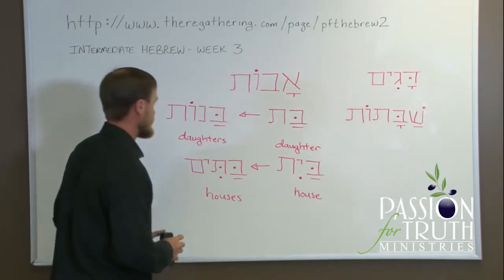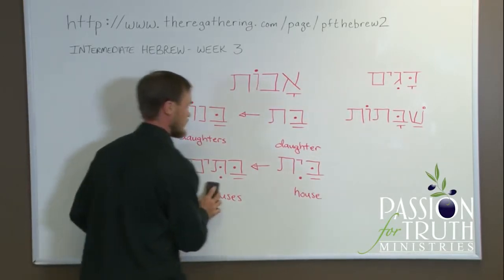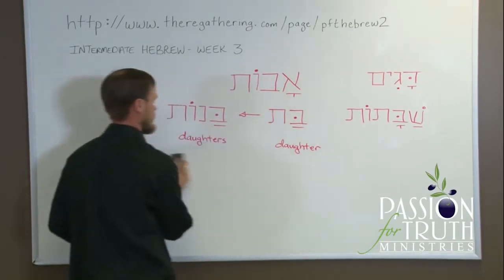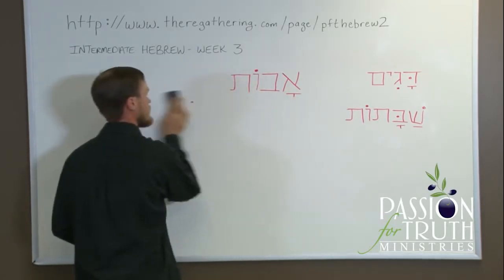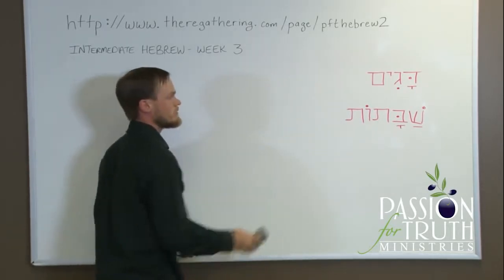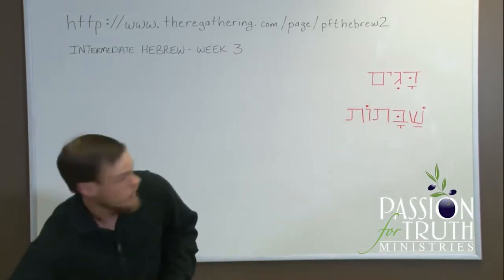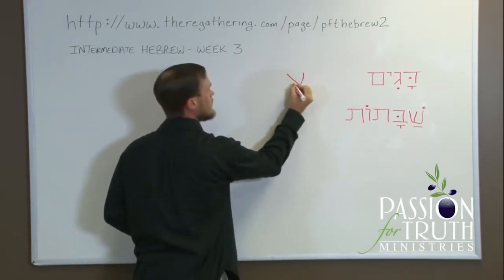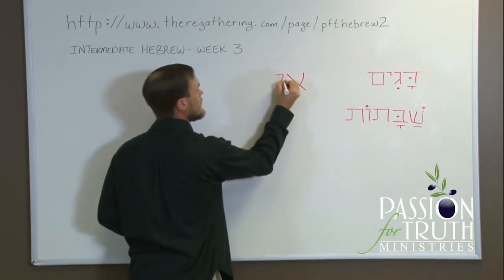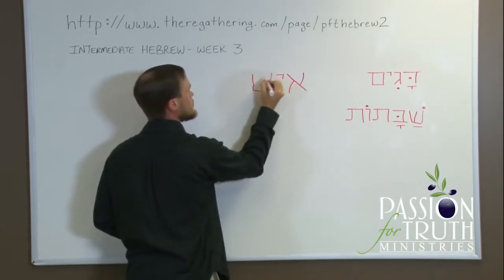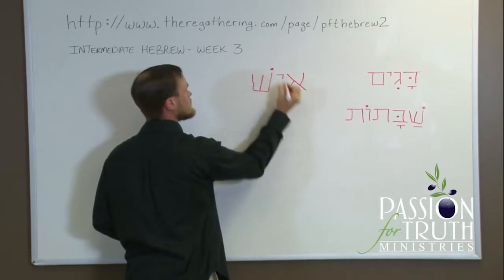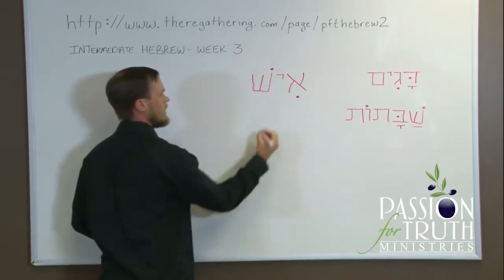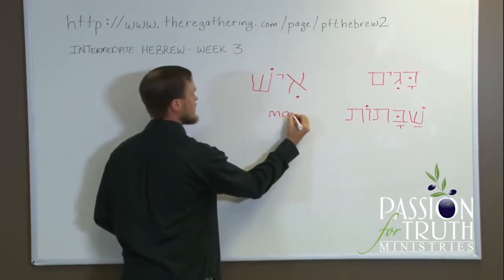And two other very significant words that have irregular plurals. Ish is a masculine noun. And Ish is a man.